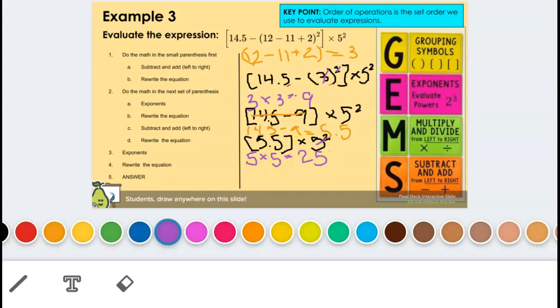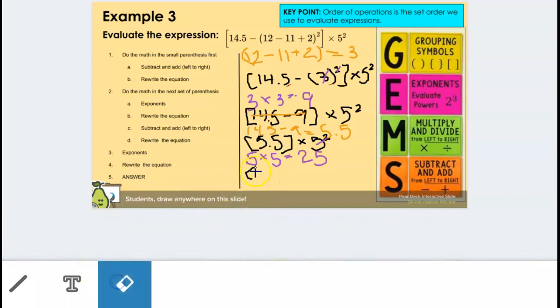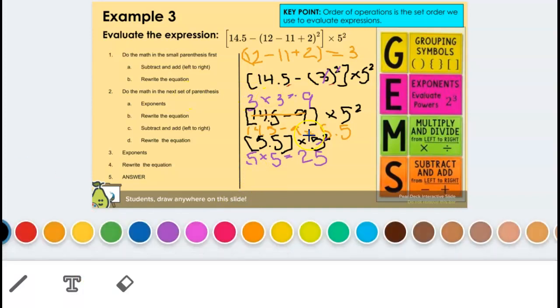So we're going to rewrite our equation. Remember, it's important that every time we continue writing our equation so that we can see what we need to do next. So we have this 5.5 again times, and we figured out that 5 squared is 25.